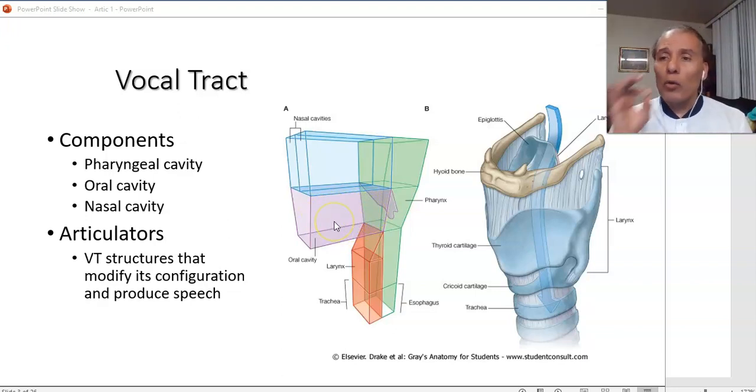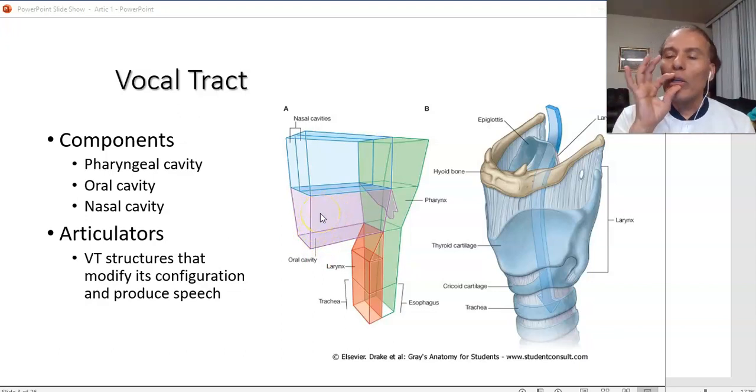The jaw, if you open the jaw more, like ah, that is going to create a different frequency as opposed to say e. So each sound has its own requirements for opening the jaw, to what extent, and so on. All of this will modify the tone. So the jaw is a big modifier.